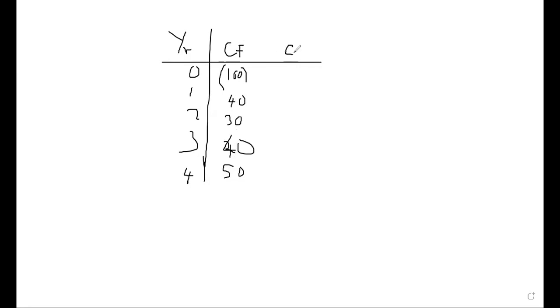I'll go to the cumulative cash flows. I'll start with the 40 here, plus 30, which is 70 here, plus 40, I'll get 110, plus 50, I'll get 160. So my formula says we need to know where the 100 will fall. The 100 will fall between 70 and what? And 110. Are we together on that point?